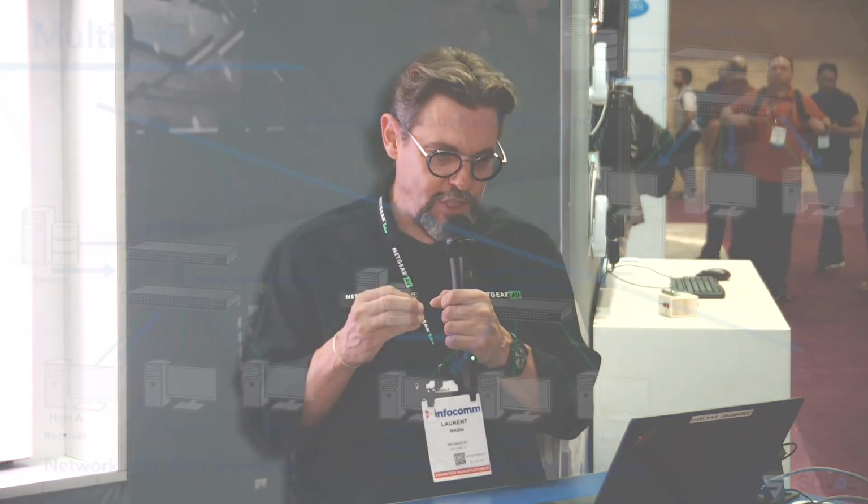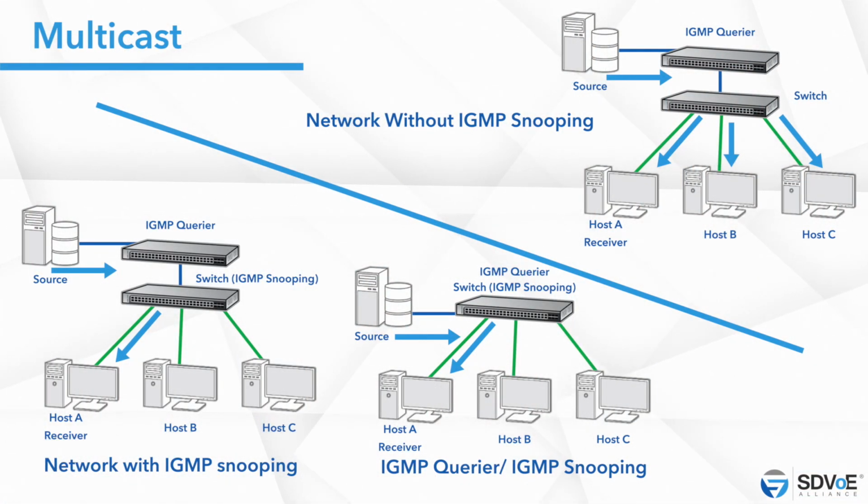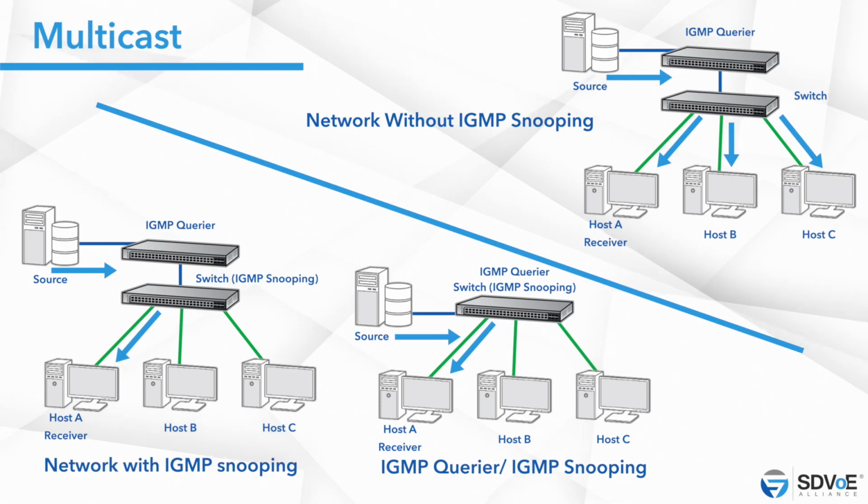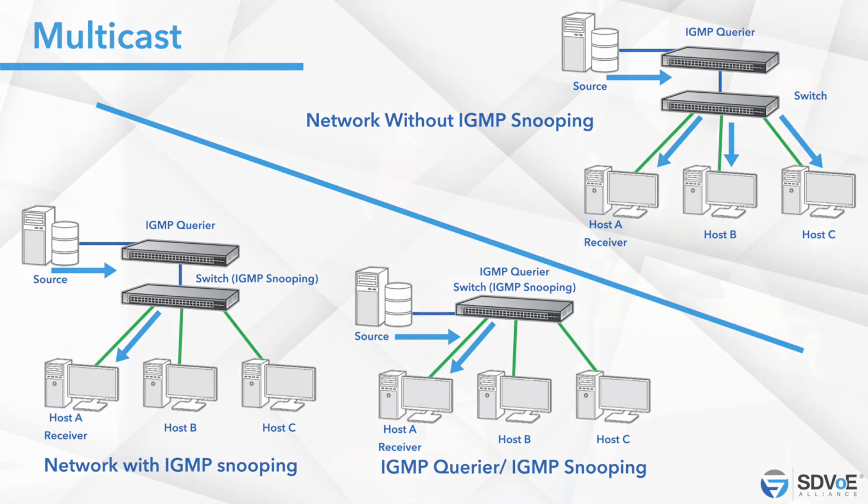But if you have an IGMP querier and IGMP snooping correctly configured on the switches, then you have a good distribution of your multicast. Only the interested receivers will get your video over IP. So let me take you through a quick example, and then we'll go to a real-world example.